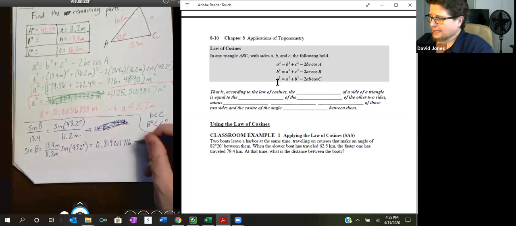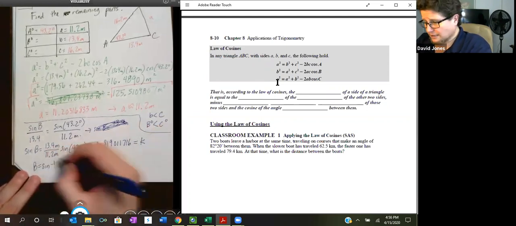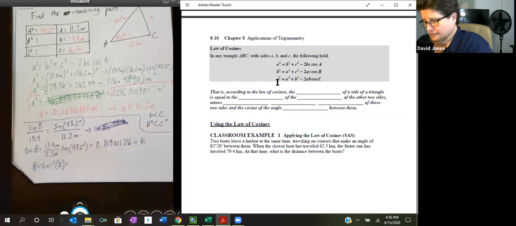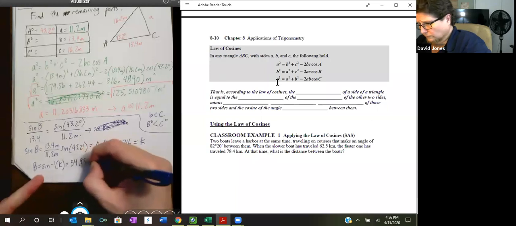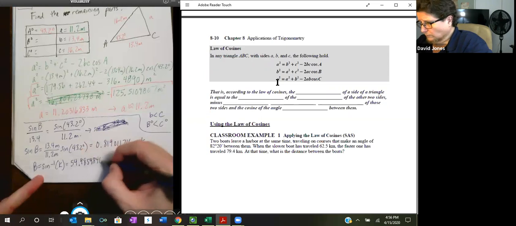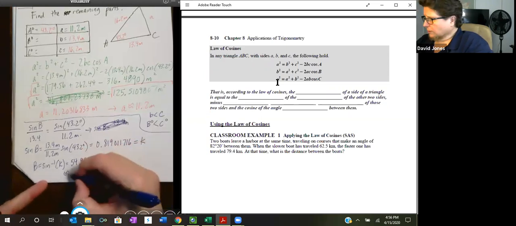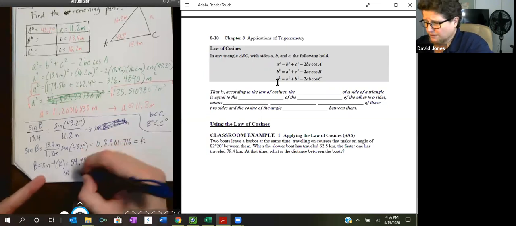Which equals K. So B equals sine inverse of K, or approximately 55.0 to 1 decimal place.